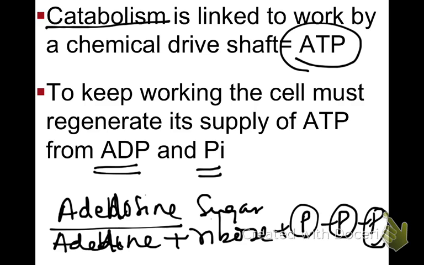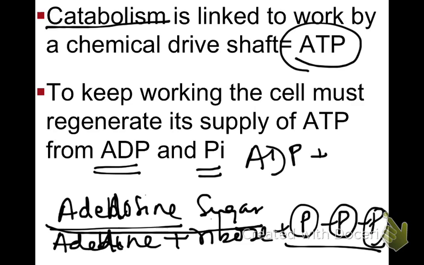That means adenosine triphosphate. This is not made out of thin air. It can be made only if I have ADP and an inorganic phosphate readily available, and I can put them together and make ATP.